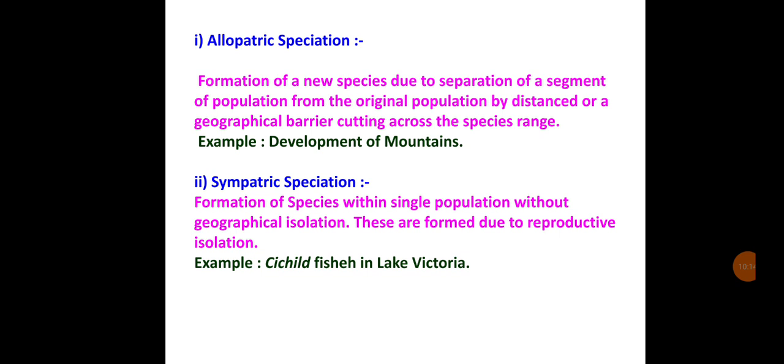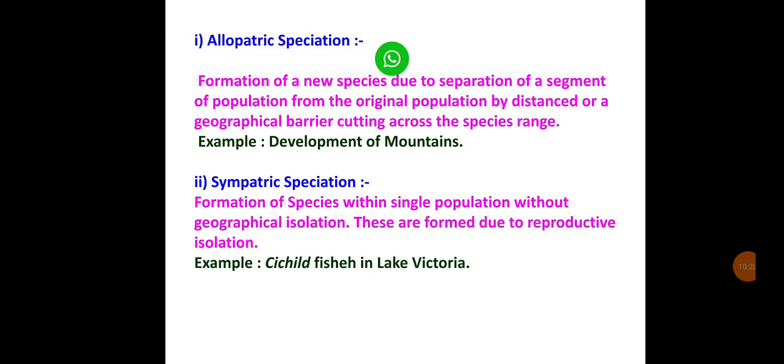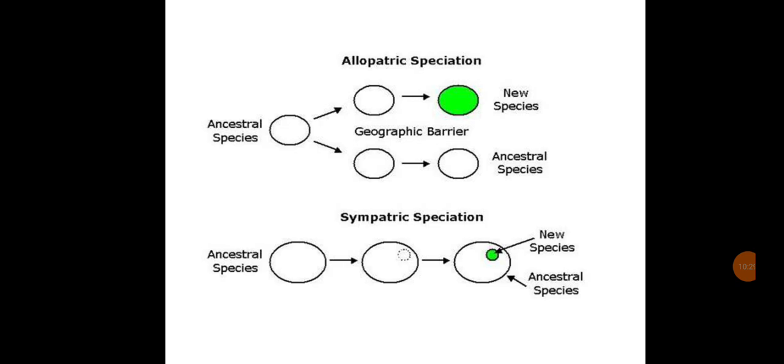Example, development of mountains. Sympatric speciation is the formation of species within a single population without geographical isolation. These are formed due to reproductive isolation. Example, cichlid fishes in Lake Victoria. Here this diagram shows allopatric speciation and sympatric speciation.